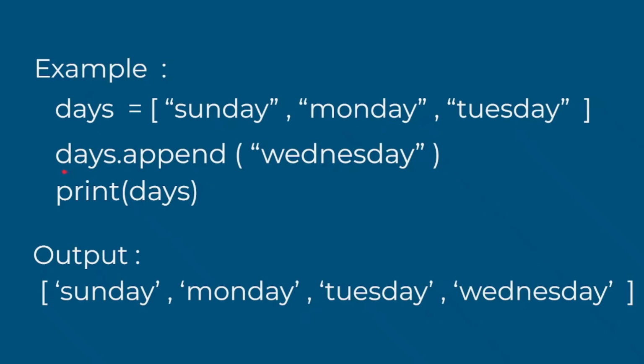So we are specifying the list name, days.append, and inside the parentheses we specify the item to be appended to the list, that is Wednesday. When we print the list days, we get the output Sunday, Monday, Tuesday, Wednesday. That is, the item Wednesday has been successfully added to the end of the list by using the append method.